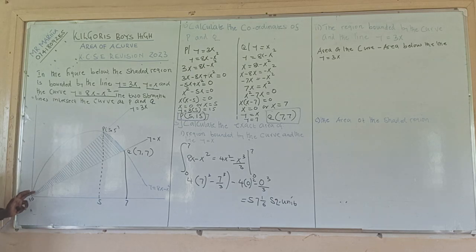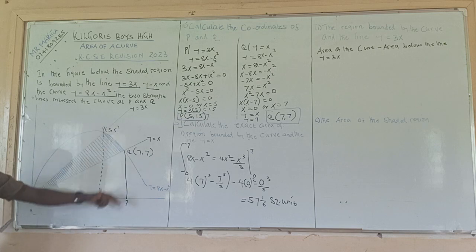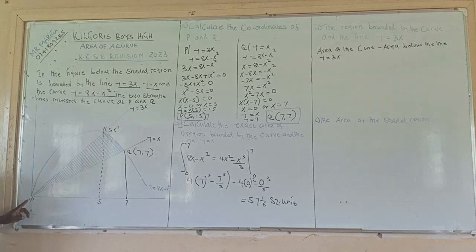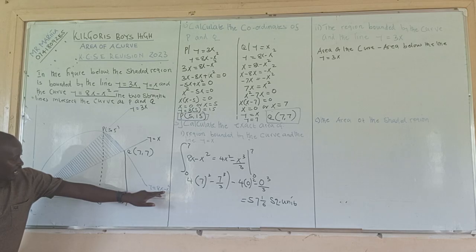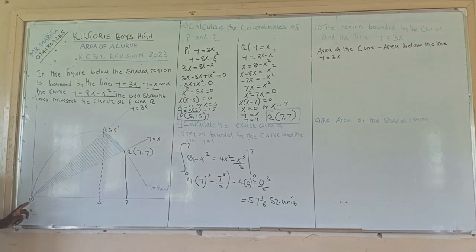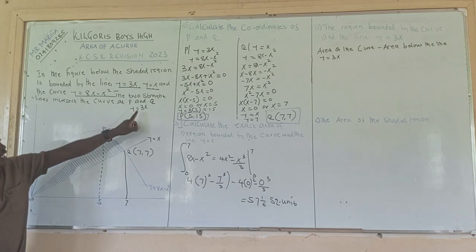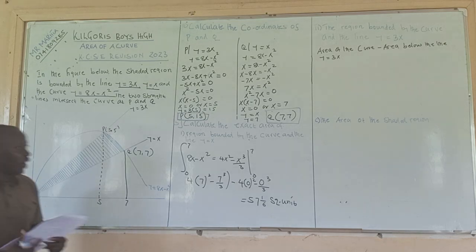So we are integrating 8x minus x squared from 0 to 5. We subtract the area below the line, the integration of 3x, with limits 0 to 5.